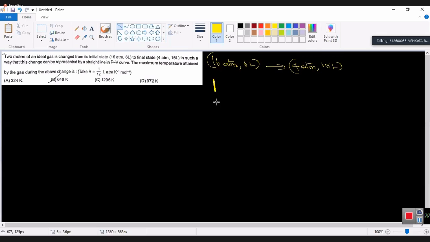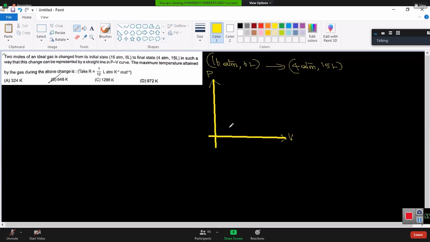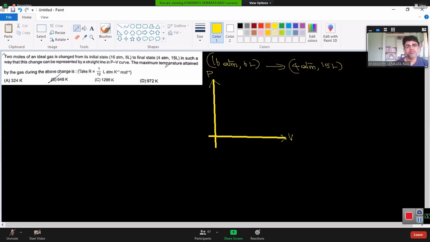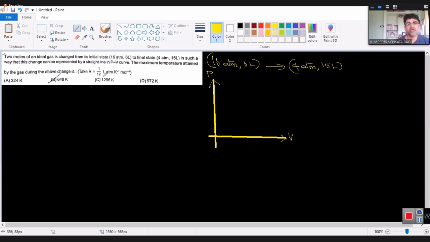So let us draw that PV graph. In general, this is the PV graph. In general, PV graphs are drawn at constant temperature and they are called isotherms. That we know. But he is asking the maximum temperature attained by the gas during the above change.